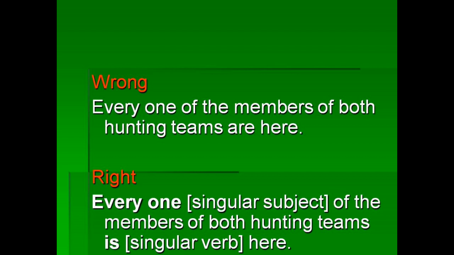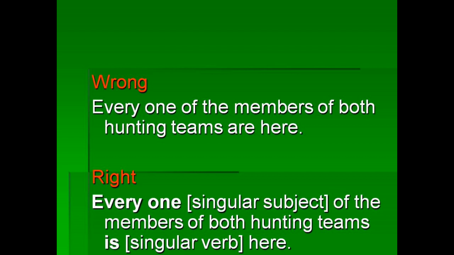"Every one of the members of both hunting teams is here." Every refers to a singular subject. It's an individual effort, an individual task. So a singular verb takes a singular subject. So we say every one of the members of both hunting teams is here. So is a singular verb.